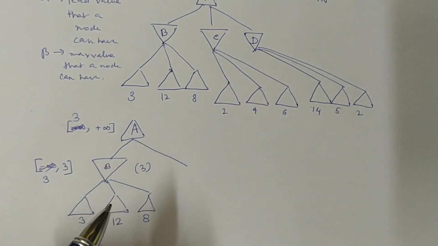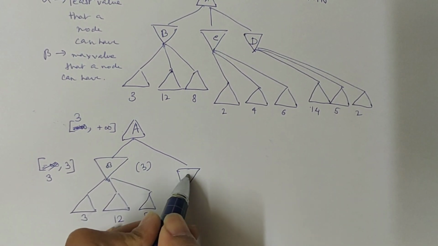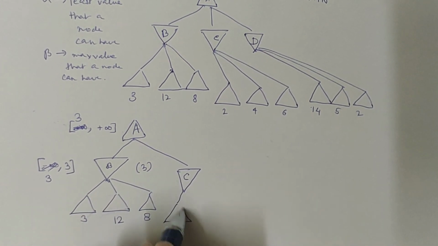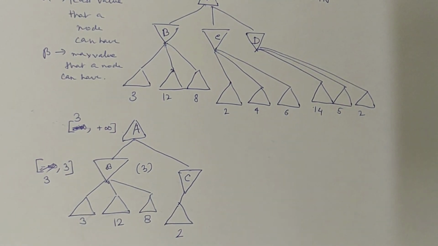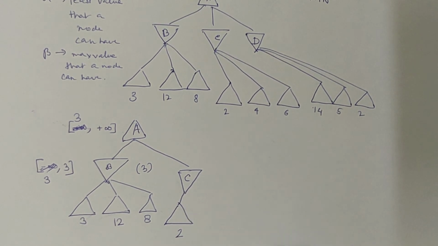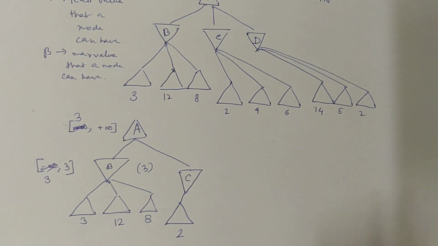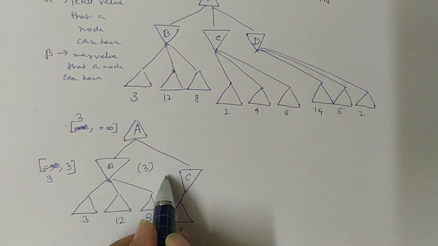Now I go to C and from C I open this thing. Following the same logic, since C is a minimizer node, C says I will give at most 2. I am a minimizer, I will give a value of at most 2 to A. So this is my beta value.